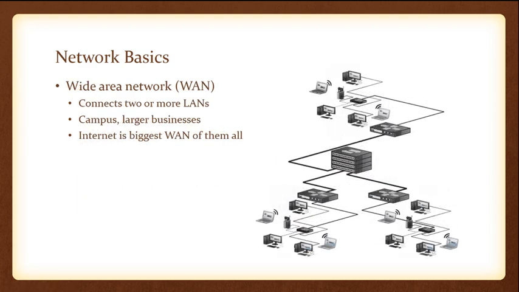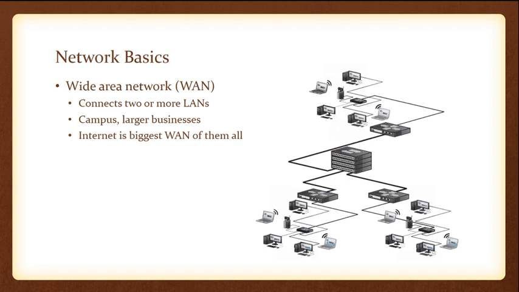The other type is called a WAN, and a WAN represents a wide area network. This typically covers a large area, a larger business, or a college campus where you have a lot of other LANs around. And that's what a wide area network does, it connects 2 or more LANs together. The largest WAN in the world is the internet.